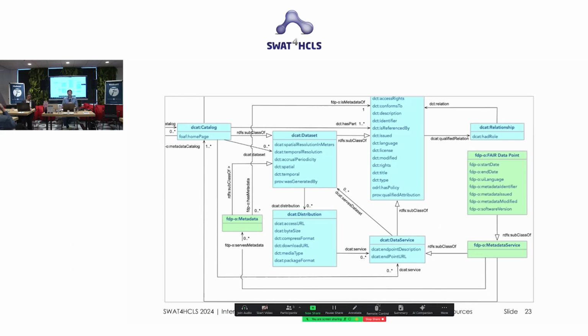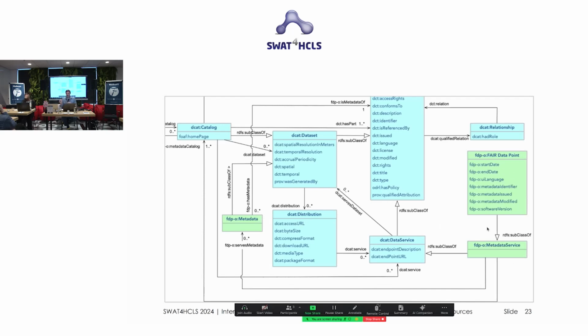That's not included in DCAT. That's an OWL-based, open world kind of definition. So if you want to be able to do restrictions and really have some syntactic level power, you need something to add to this. And that's why we have this part here, the FAIR data point, and then the metadata service.